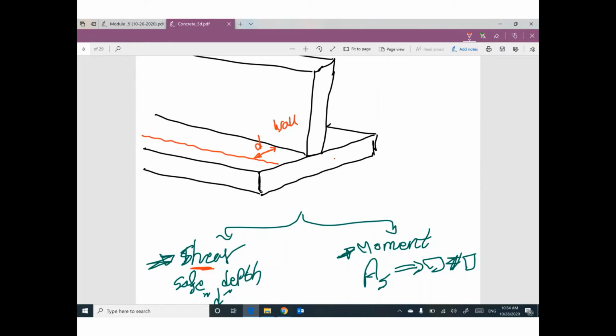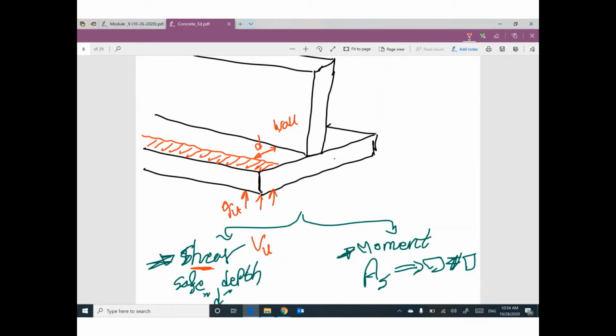So this area multiplied by Q ultimate can give you V ultimate, which is called ultimate shear. So if you are talking about shear, your critical section is at a distance D from the wall face.